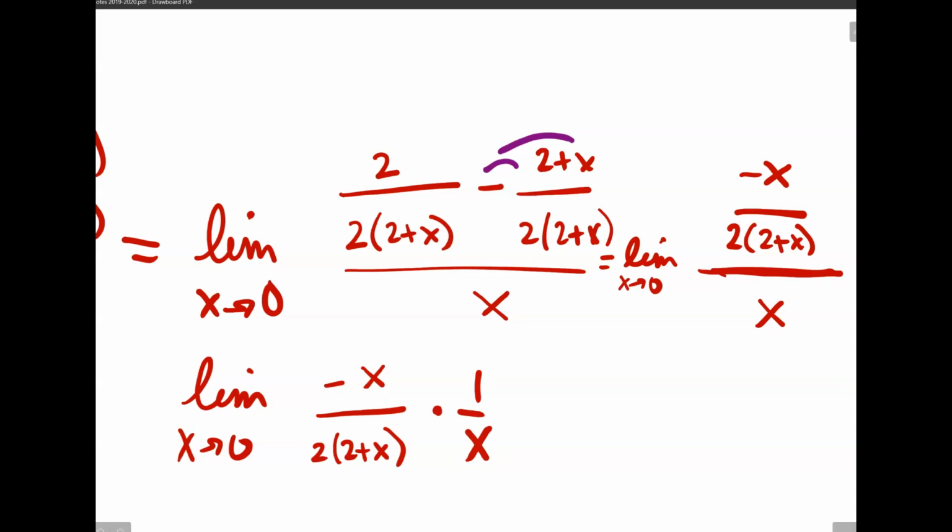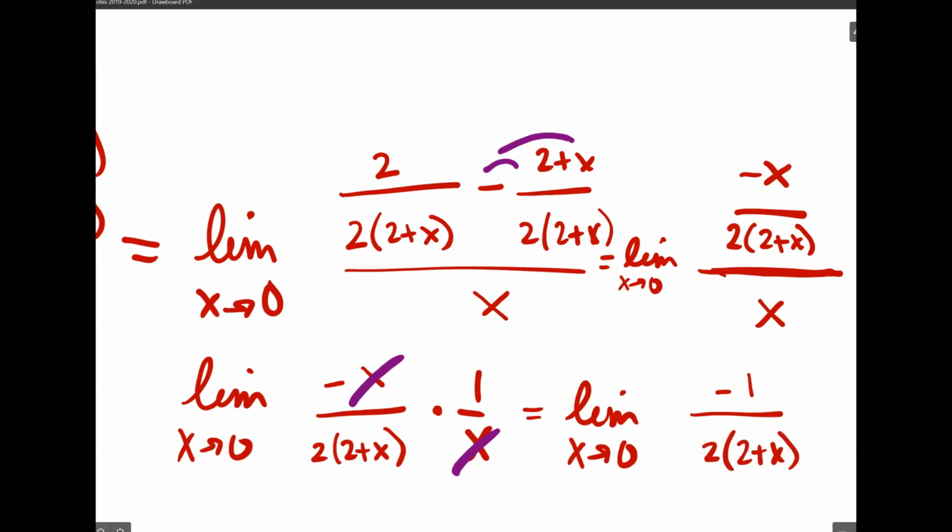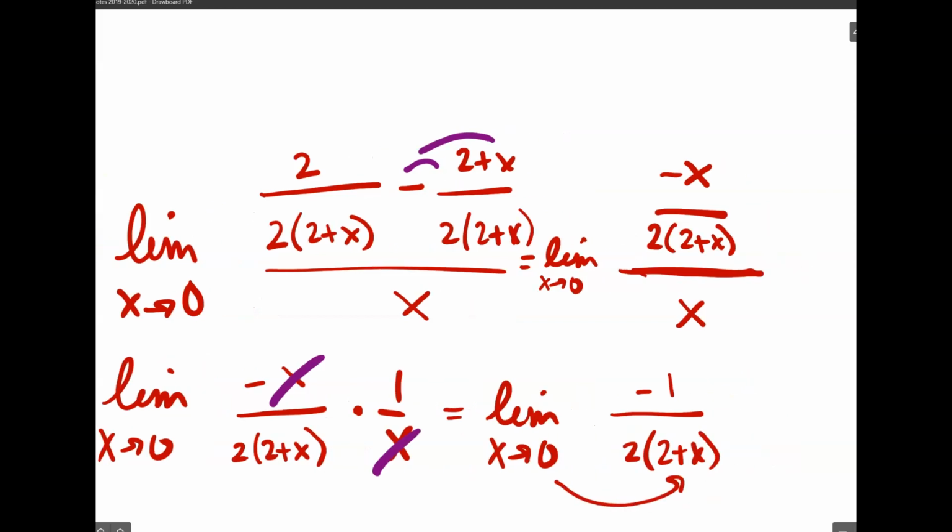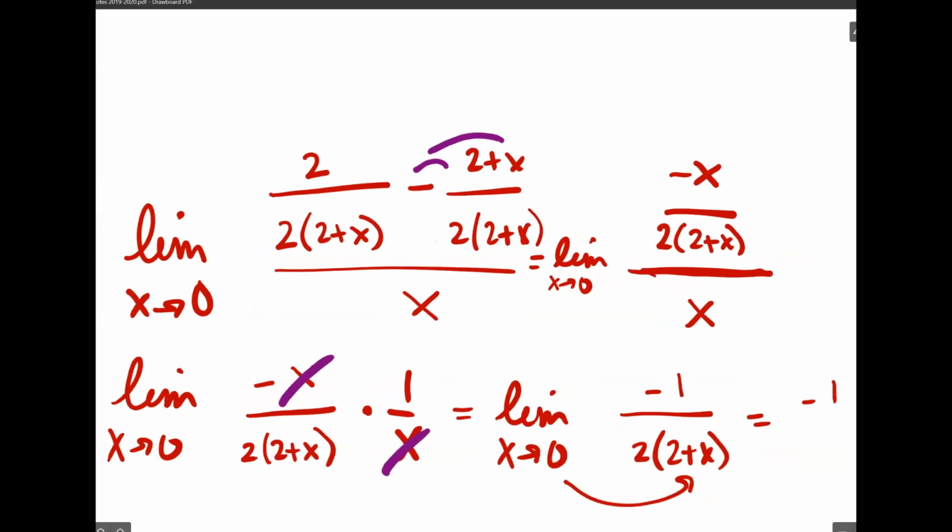So this turns into the limit as x approaches 0 of negative 1 over 2 times 2 plus x. If I plug in 0 here, I have negative 1/4. It was 1/4 on the third problem on this page.